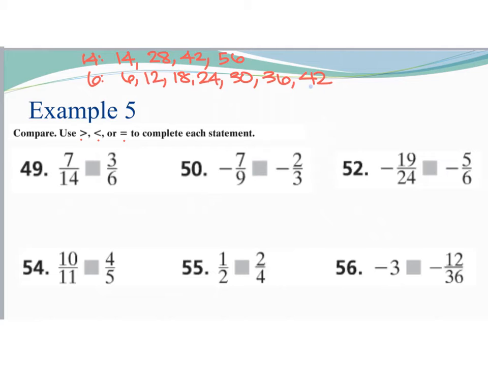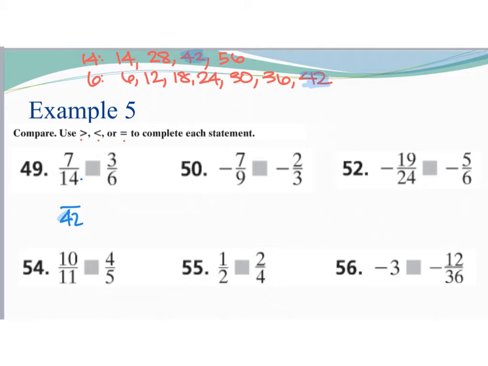So based on this, we can see that 42 is going to be a least common multiple for both. So I'm going to rewrite my denominators with a denominator of 42.